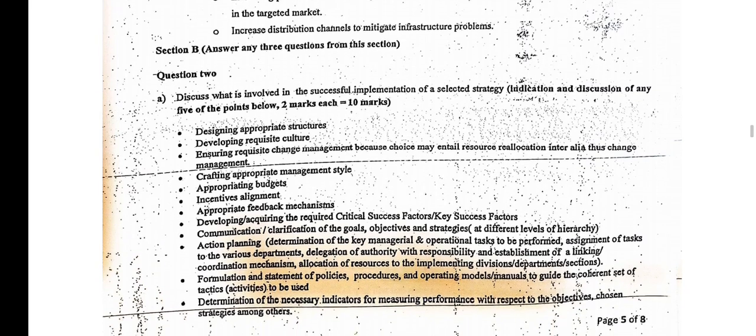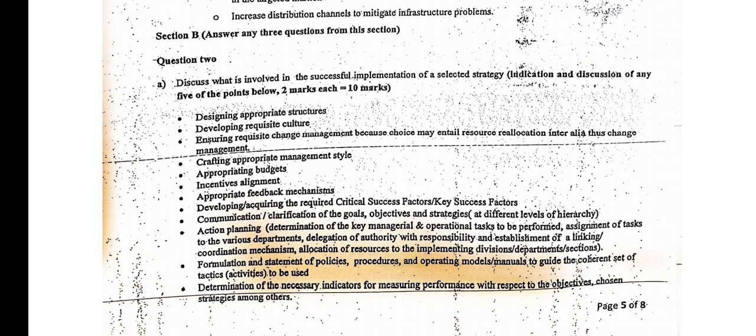Then question 2 says, discuss what is involved in the successful implementation of a strategy. These are the prerequisites for strategy implementation. It is a common question. Please take note of it.